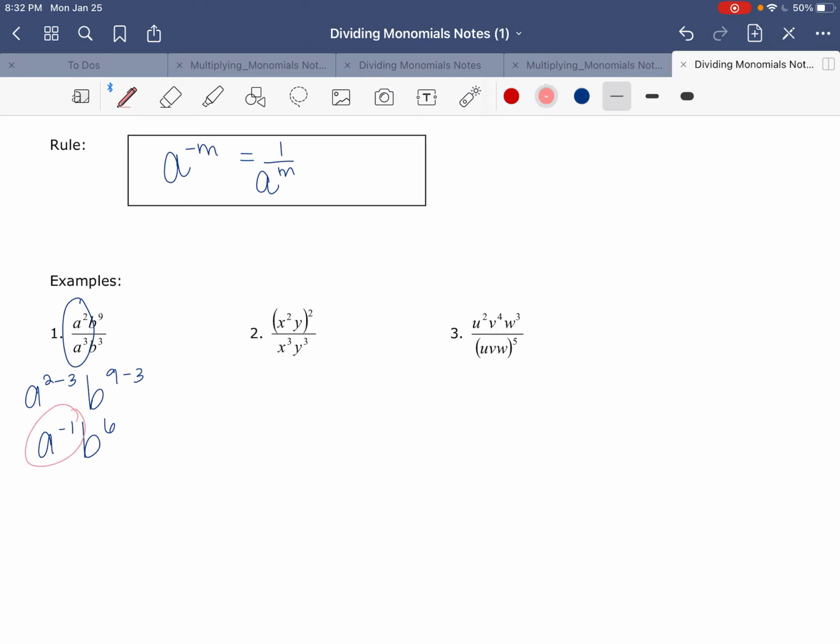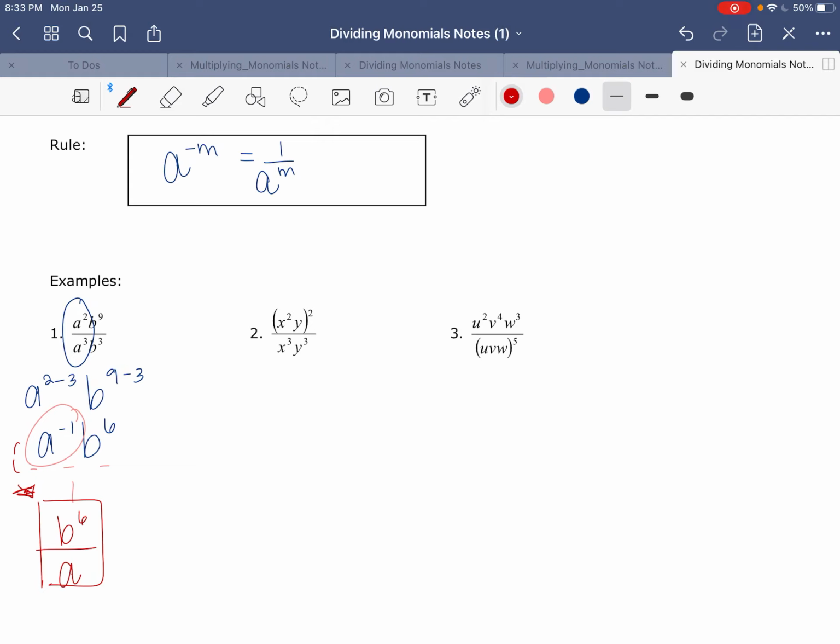But right now I have this negative exponent, and it's seemingly in the numerator of a fraction. So I need to drag it down across my magic eraser, and I'm going to get b to the 6th over a positive a to the power of 1. Because remember, if it's a negative exponent in the top, you bring it down to the denominator. And if it's negative in the denominator, you bring it to the top.